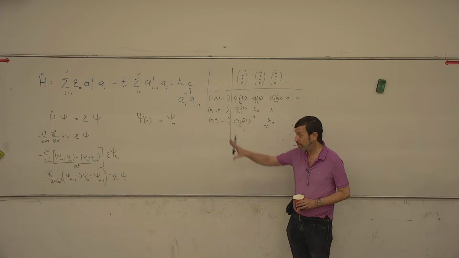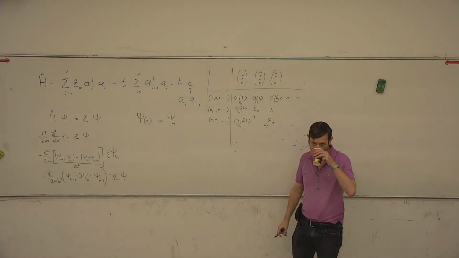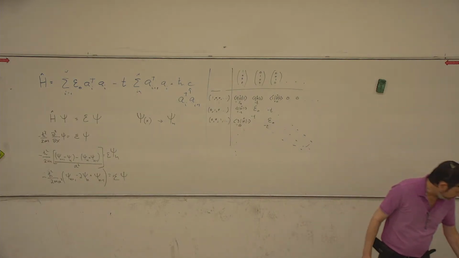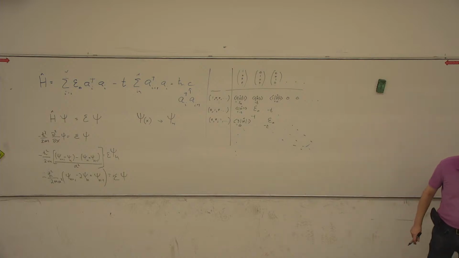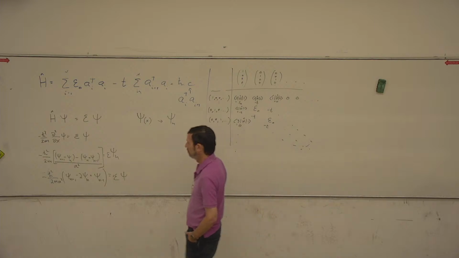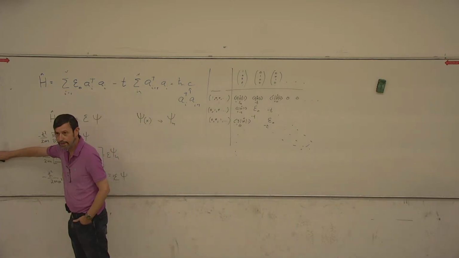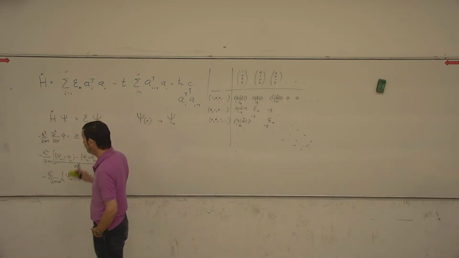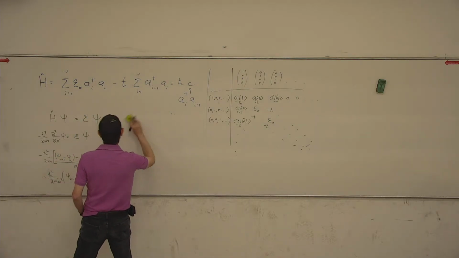It's the same thing. You can transform it to bras and kets representation. That I can do, but that doesn't help me in the solution. What does help me in the solution?